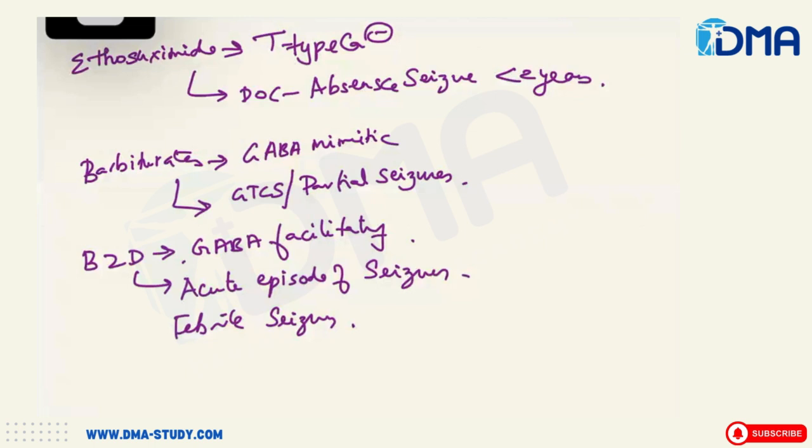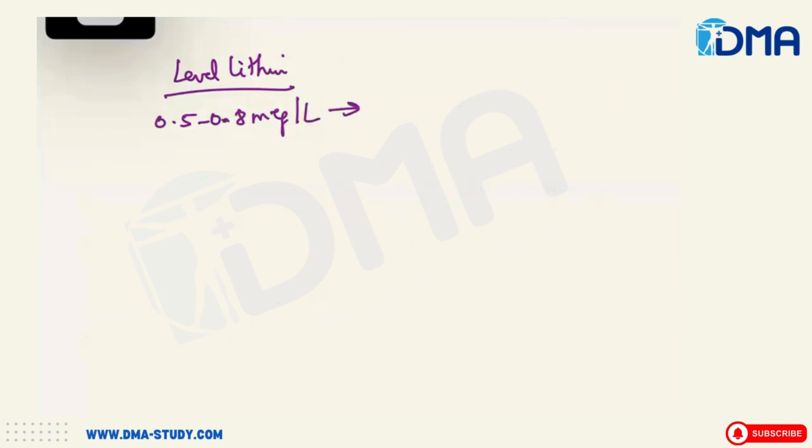Then you have to know about lithium. Lithium is a drug which is used in psychiatry. It is an antipsychotic agent. The reason why you have to know about lithium is because of the therapeutic level of lithium. The level of lithium has to be maintained at 0.5 to 0.8 milliequivalents per liter as prophylactic or maintenance therapy.